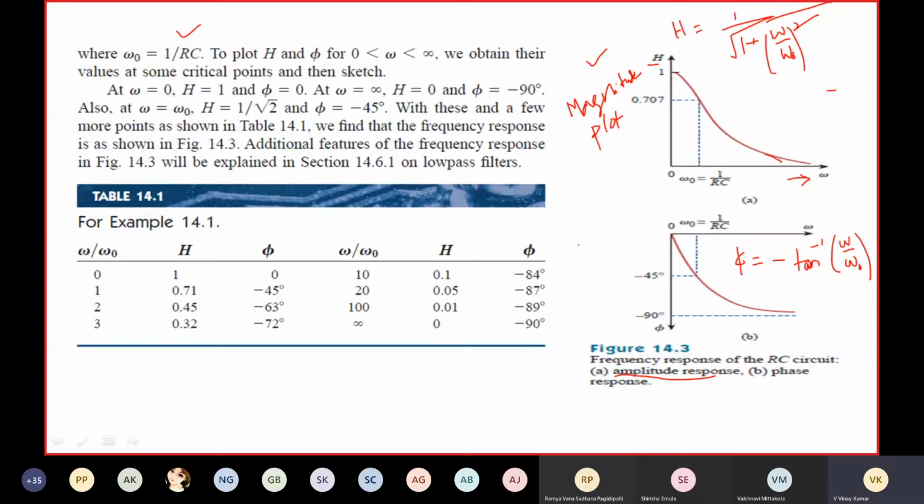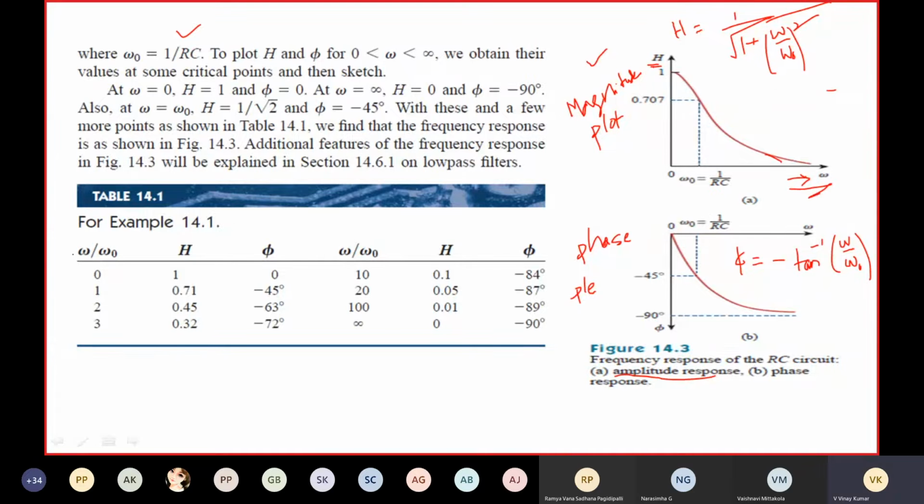Here, this is called the phase plot, because you are plotting the graph between phase angle versus frequency. Here you are plotting the graph between magnitude versus frequency, right?